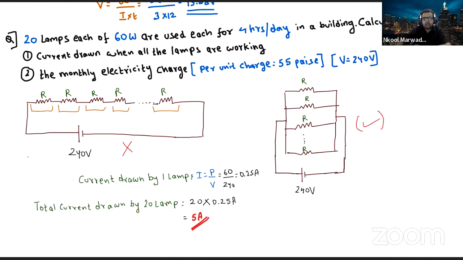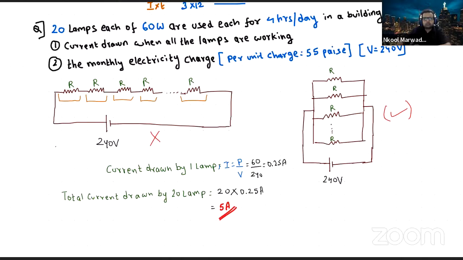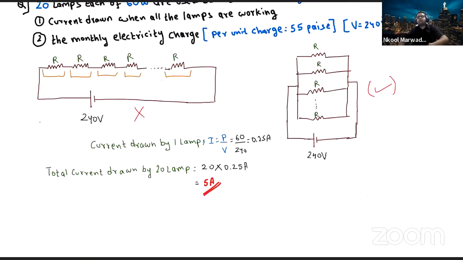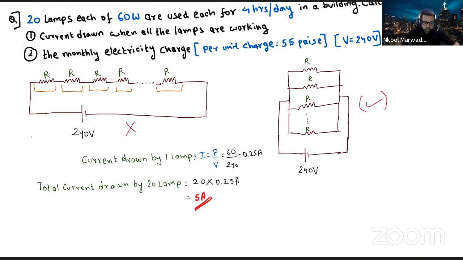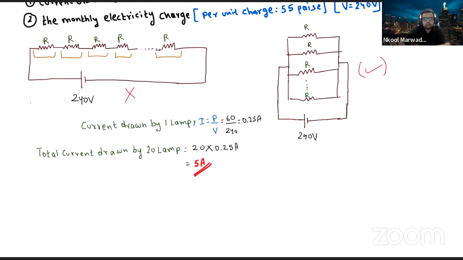Now we can do the second part also. Monthly electricity bill that we can do. So energy consumed per month we can calculate. Second part, we have to calculate the energy consumed per month, and based on that, we will get the electricity bill.